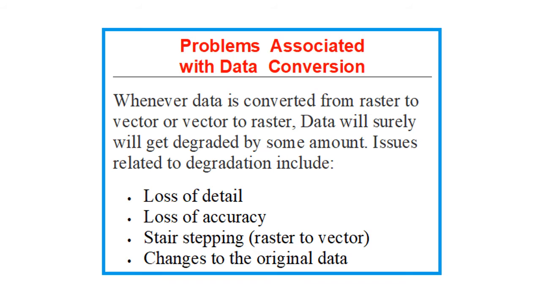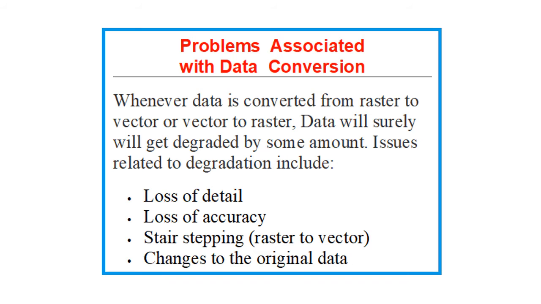Loss of accuracy: surely in data conversion, the location of certain points gets messed up. Stair stepping, raster to vector, whenever we convert or back convert, accuracy is compromised every step of the way.